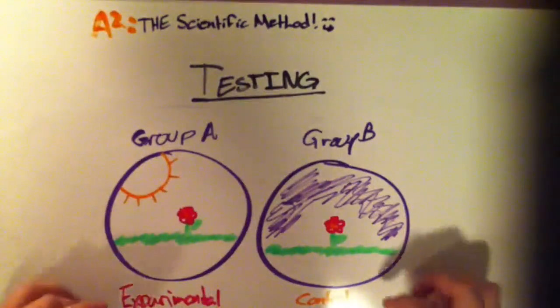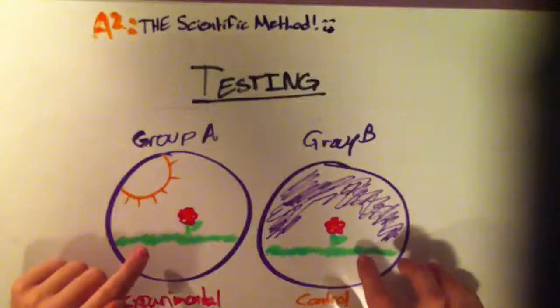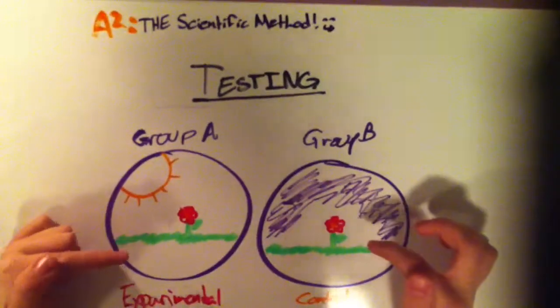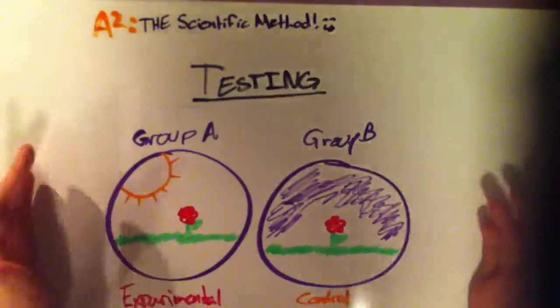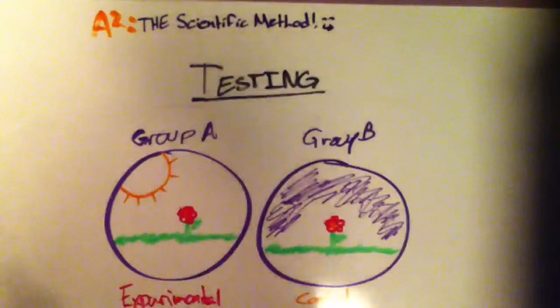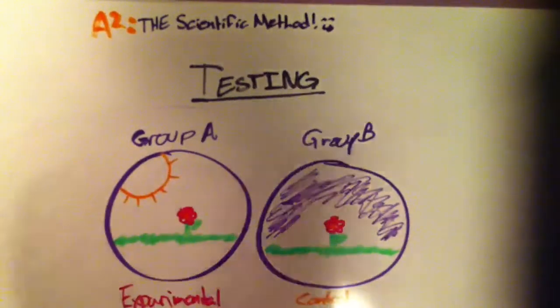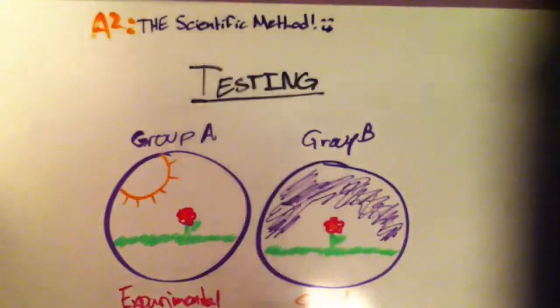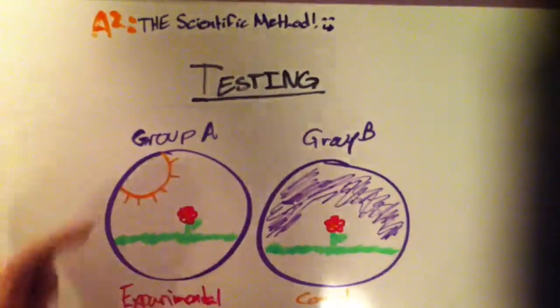In this case, you would have to have the same type of soil, the same grass, the same flower, because flowers grow differently in different areas. Some like light, some don't. You have to make sure all of those components are the same and they're watered the same amount and everything, to make sure that the thing you are testing is truly the sun.